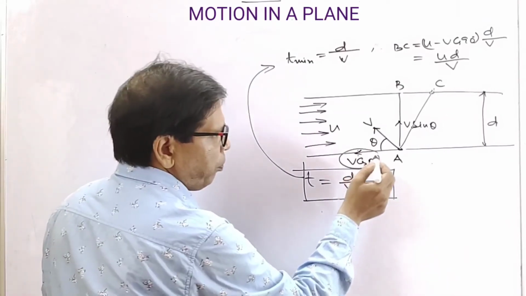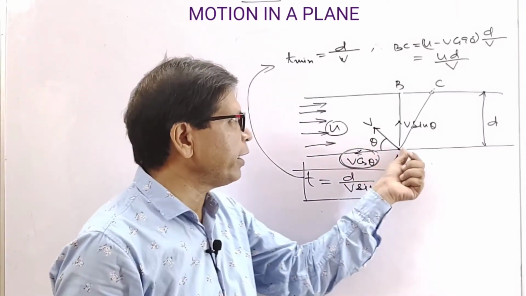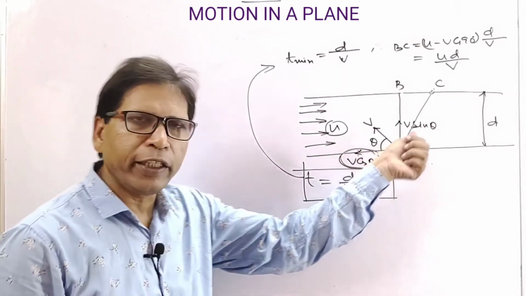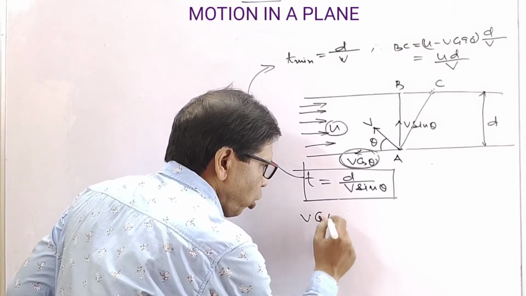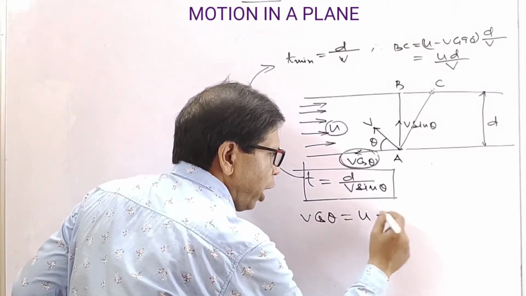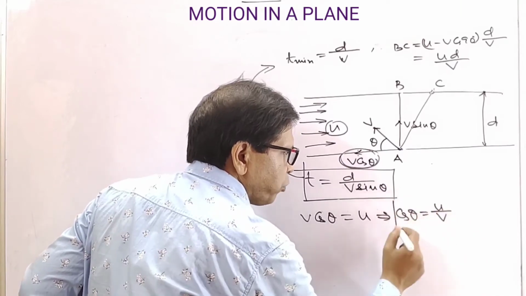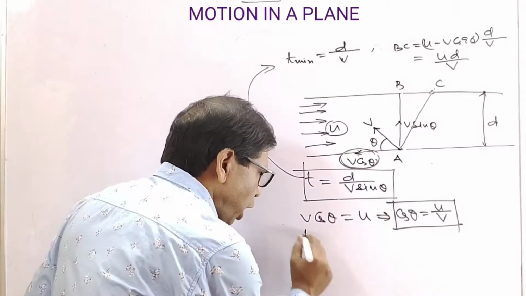Look at this, if v cos theta equals u, then the person reaches directly the point B. So the condition to reach the directly opposite point is v cos theta equals u. Therefore cos theta equals u by v. Okay, this is the condition to reach the directly opposite point.